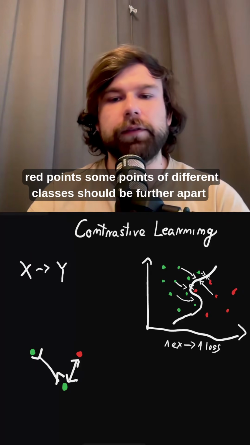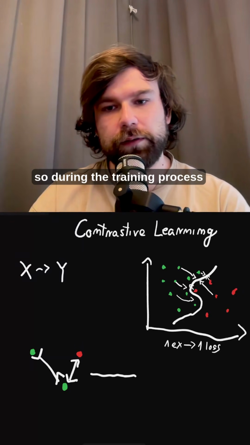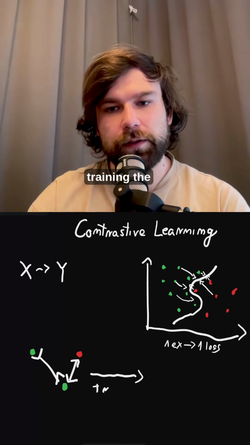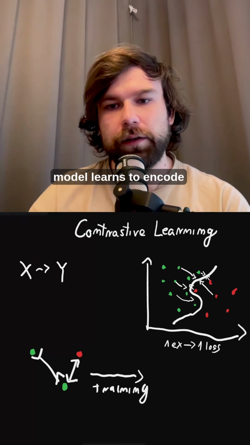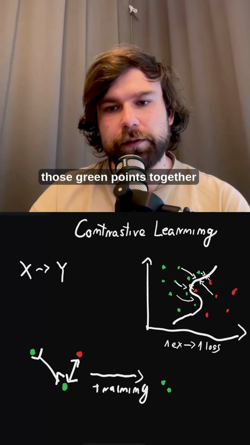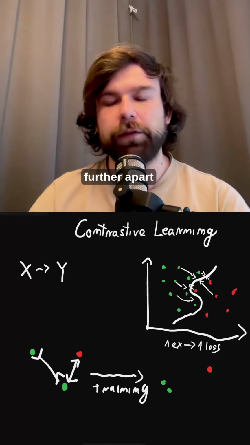Points of different classes should be further apart, points from the same class should be close together. So during the training process, the model learns to encode those green points together and to encode the red point further apart.